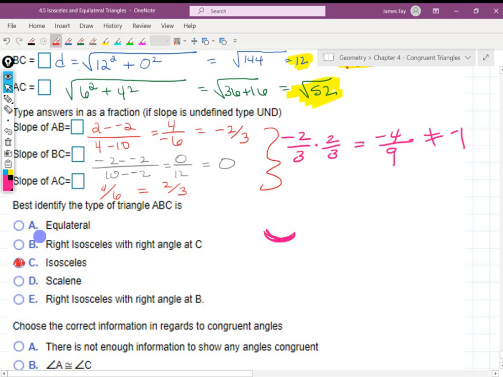But then there are other options here. Is it a right isosceles? Well, we just found the slopes that said no, it's not right. If it's isosceles, that is a complete contradiction to being scalene, so it can't be that. And we know it's not right, so it can't be a right isosceles with a right angle at B. So in this case, my only option is that it's isosceles. Does that kind of make sense?